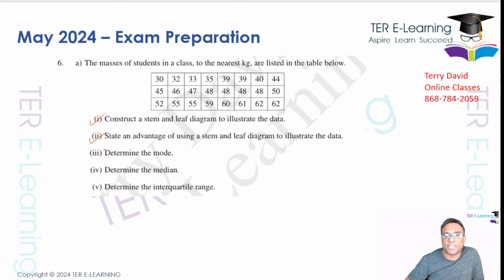State the advantage of using a stem and leaf diagram to illustrate the data. What are the advantages of a stem and leaf diagram? You all need to know that.